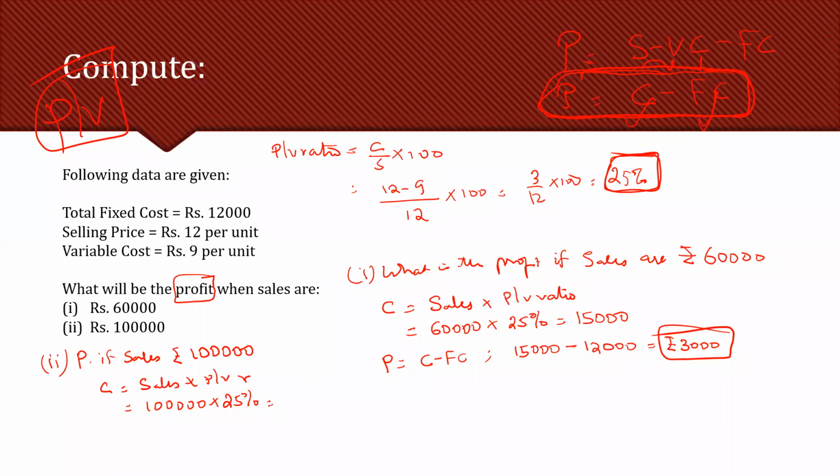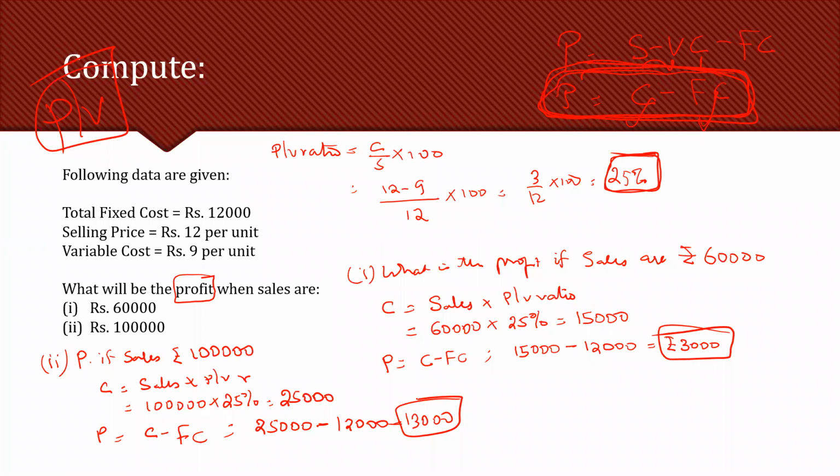What is the contribution if sales is 1 lakh? 25,000. Now you can find out profit. How? Contribution minus fixed cost. Contribution how much? 25,000 minus 12,000. 13,000. So with the help of PV ratio only, we have found out the profit at a given level of sales.